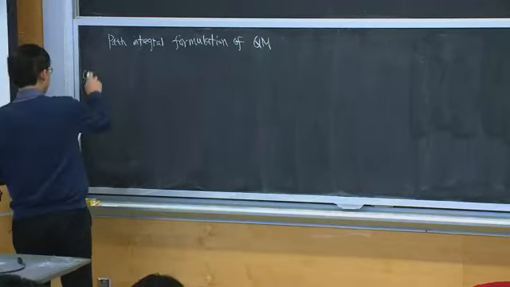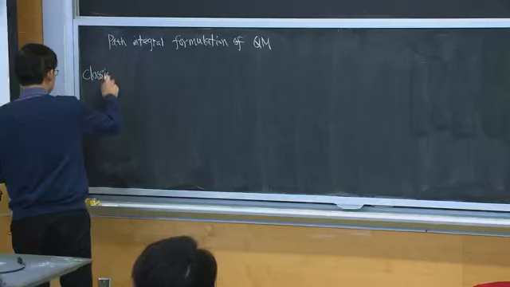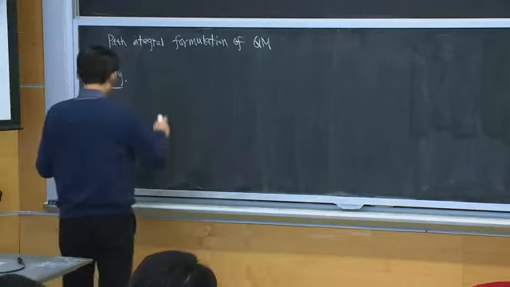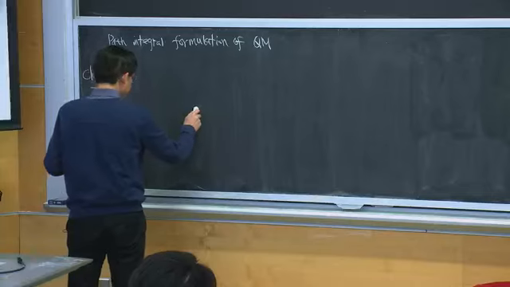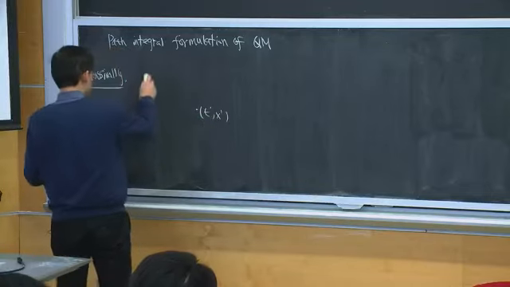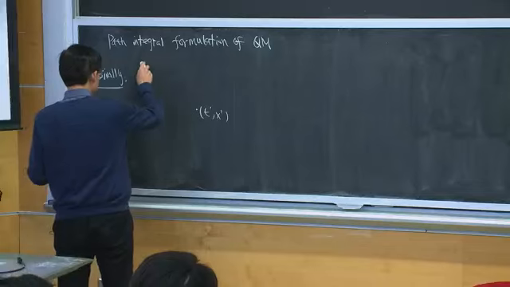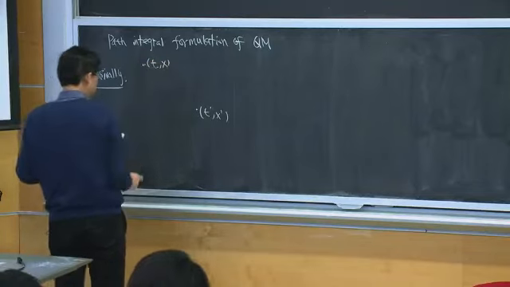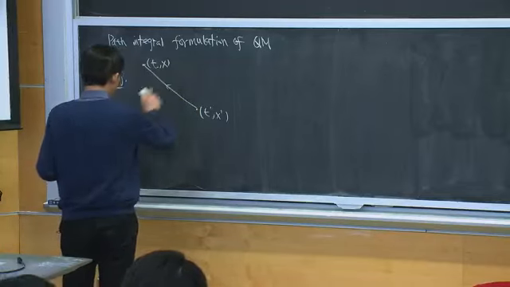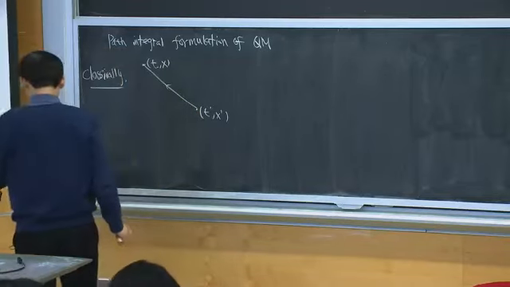Classically, if we specify the initial location, say at t prime, x prime, and then the final location, at time t, x, then there's a unique trajectory.